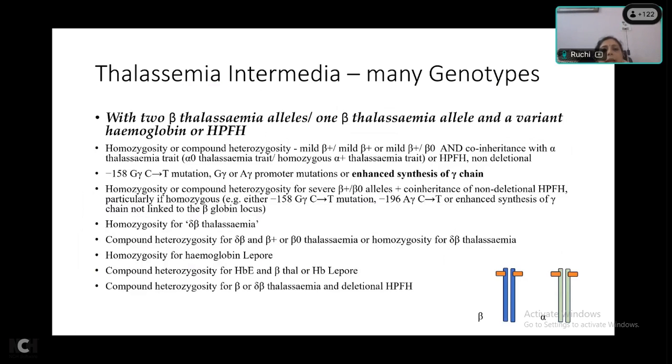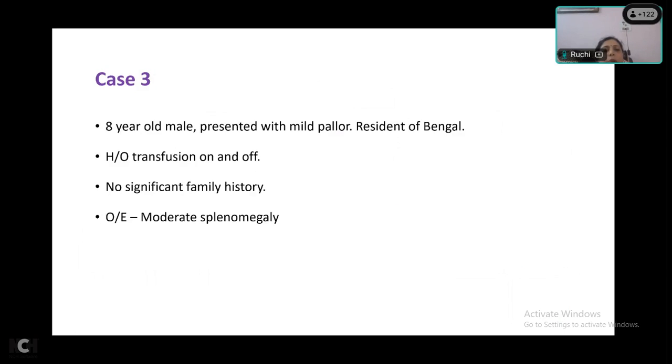So the point is that thalassemia intermedia is a term which is used for that kind of a presentation, and genetically, when you do an HPLC, even an HbE beta compound heterozygous can also clinically present as a thalassemia intermedia. So when you have that history in mind, you should have your differentials ready mentally कि ये probably ऐसा कुछ निकलने वाला है.